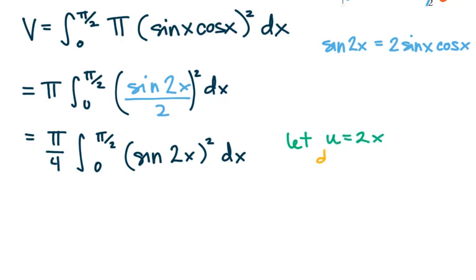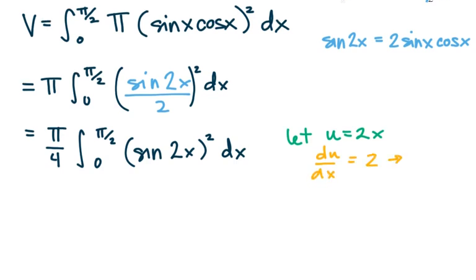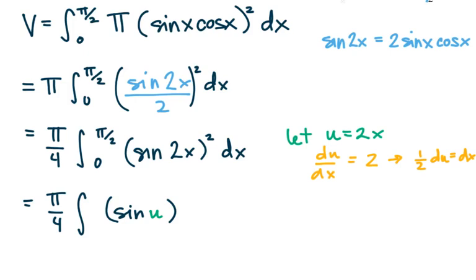And what that gives me is that the derivative of u with respect to x is 2, or rather 1/2 du equals dx. So what does that look like? We now have pi over 4. My integral, my bounds are going to need to change. I have sine of u quantity squared, and then my dx becomes 1/2 du. That 1/2 is going to come out in front and become an 8 here shortly.